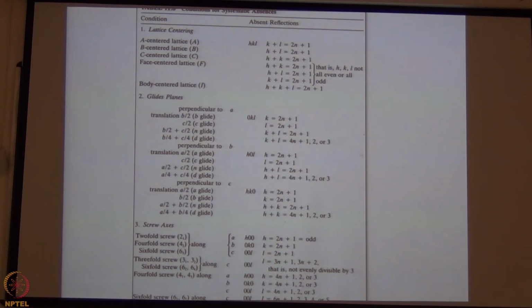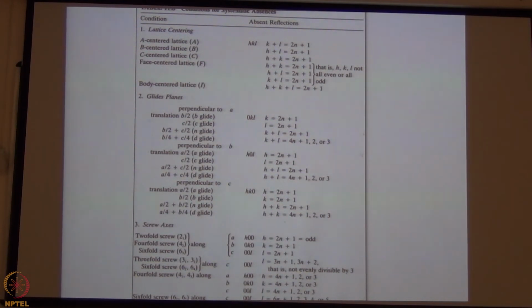So if we see that 100, 300, 500, 700, 900, all these reflections are absent, it is the conclusion that it is a 2-1 screw along it. 2-1 is equivalent to 4-2 is equivalent to 6-3. So similarly, 3-1, 6-1 and all that, you have different systematic absence conditions.